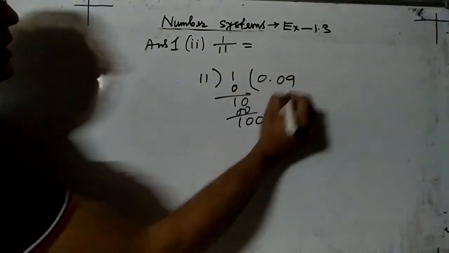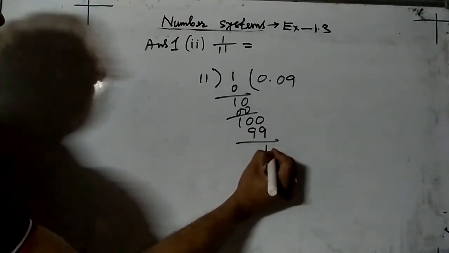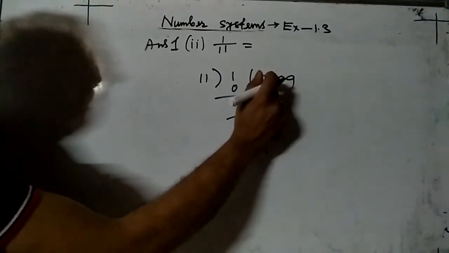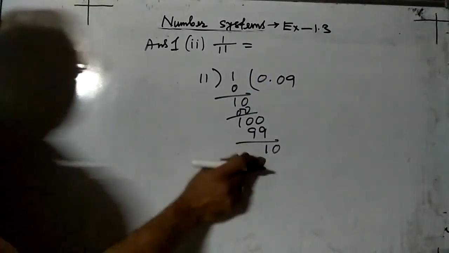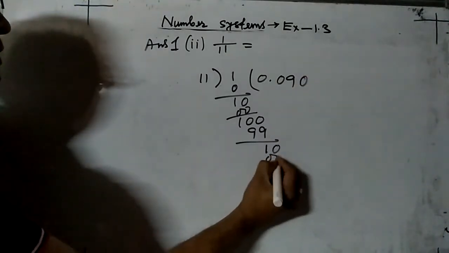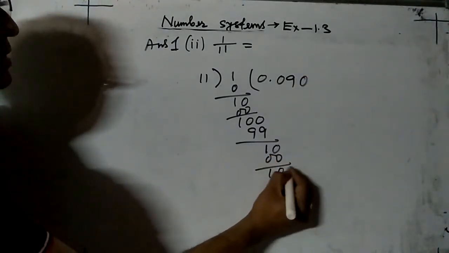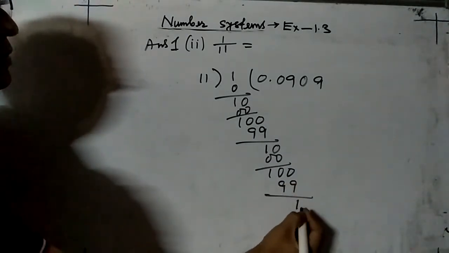So 11 9s are 99. If you subtract, then 1 is coming. Now since you put the point, you can take 10. Now 10 is smaller than 11, so 0. If you divide like that, you take 10. Again 9 is coming, so 99 and the remainder is 1.